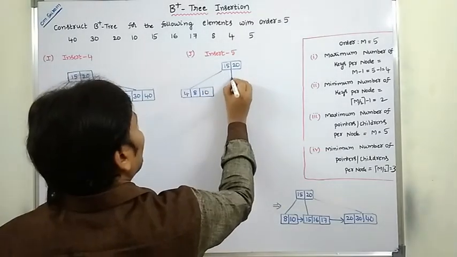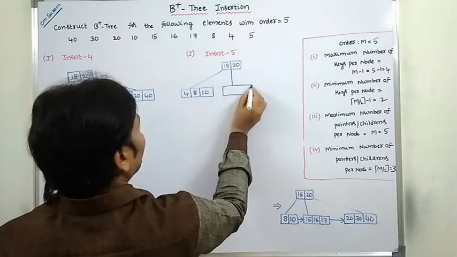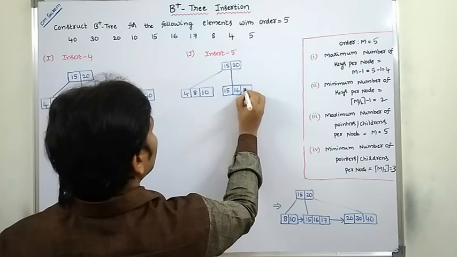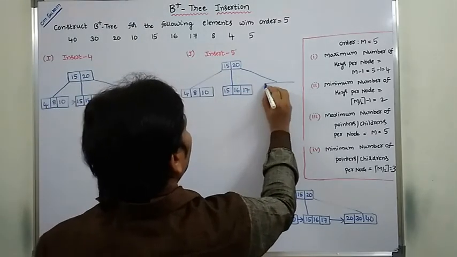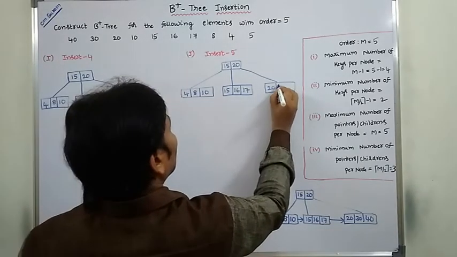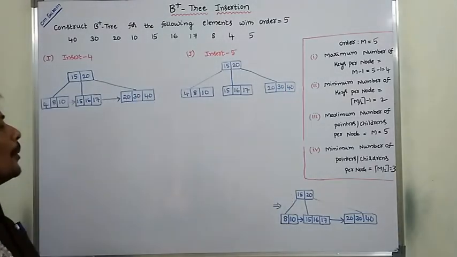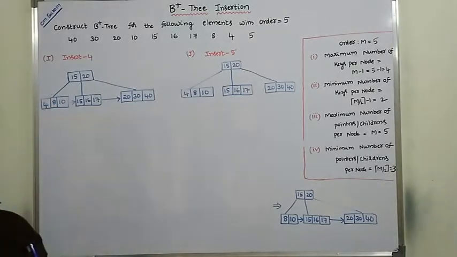Next, the middle child contains key elements 15, 16 and 17, and 20's right child contains 20, 30 and 40. Okay. So before inserting 5, this is the existing B plus tree.